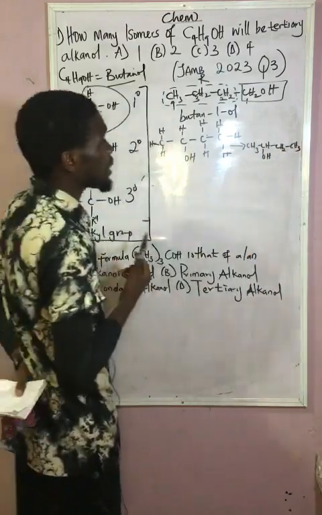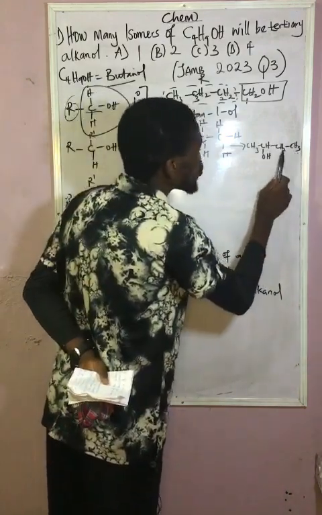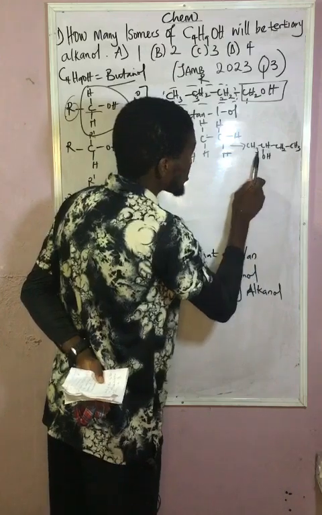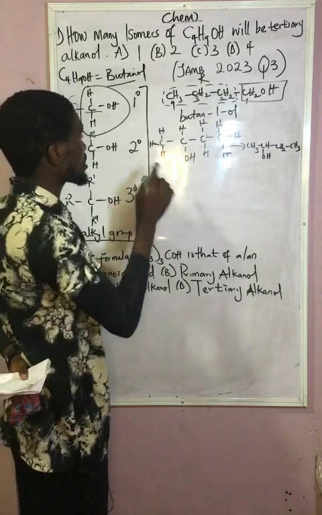So let's count if we can have 9. Let's go. 3 plus 2, 5. 5 plus 1, 6. 6 plus 3, we have 9.